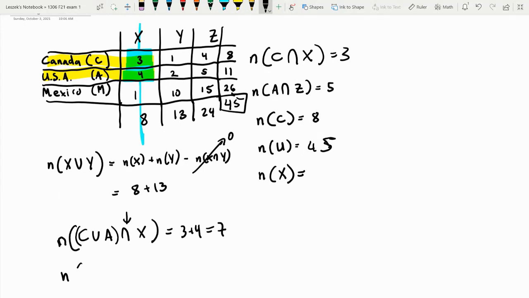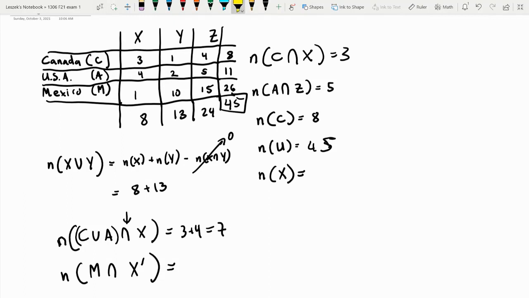Okay, what about the number of people who are Mexican and they don't like flavor X? To not like flavor X means that you must like one of the other flavors, right? You have to choose one of the flavors.